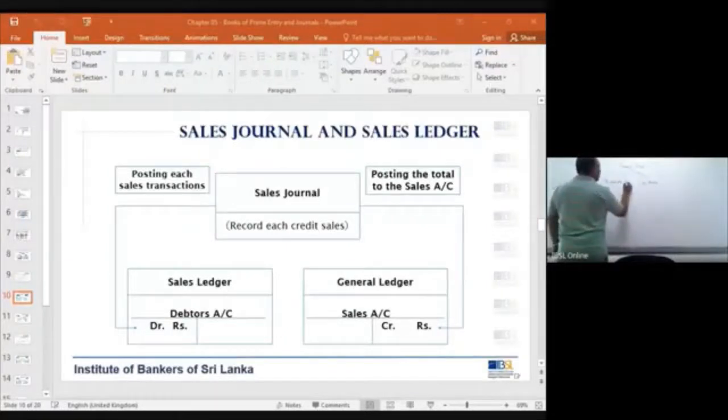This is the debtors account and this is the sales account. A/c stands for the short form of the account.